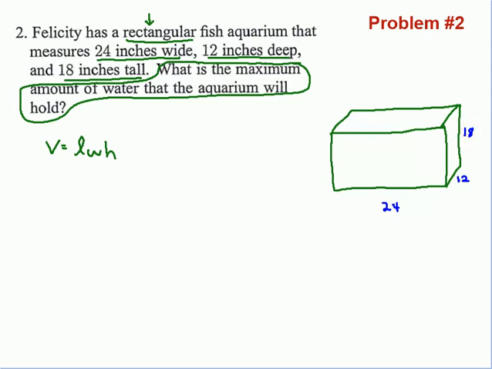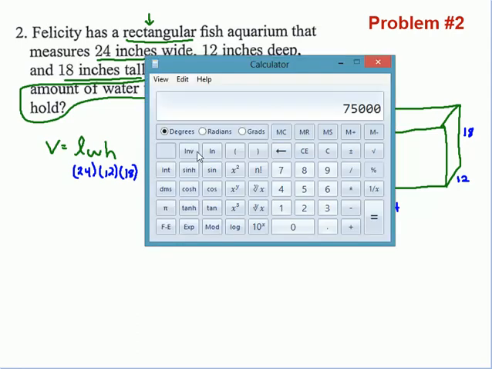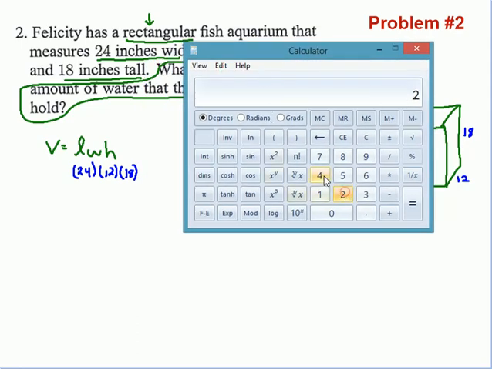What is the maximum amount? We'll just plug all that in. We'll say that it is 24 times 12 times 18. All right, and since you have a calculator too, we'll just plug that right into our calculator. 24 times 12 is equal to 288.